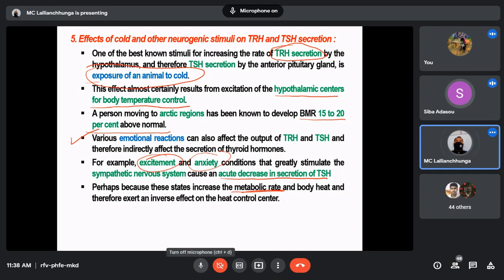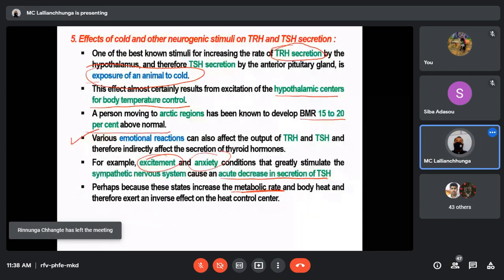Hot, sir. It will become hot because you start sweating also. You feel somewhat hot, because your BMR has increased, so you start sweating. It depends upon the person. Some people may not have that much problem, but in others it may be very obvious.